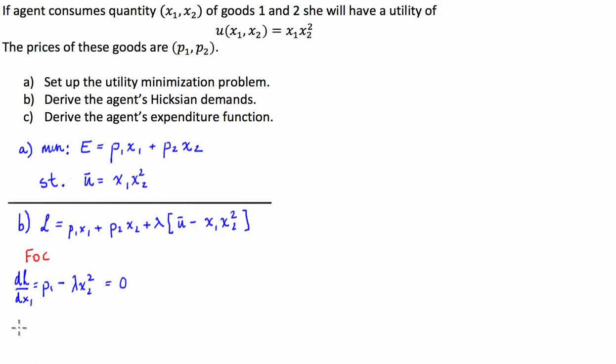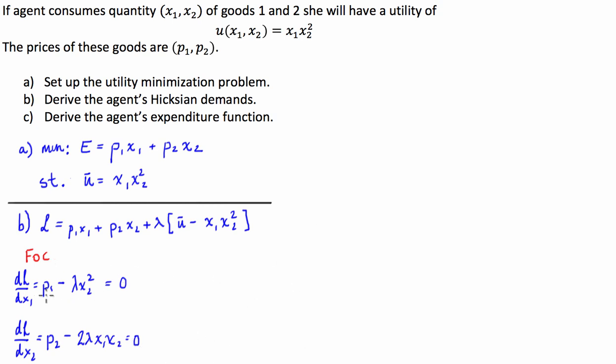We also have the derivative of the Lagrangian with respect to x2, which, like x1, you start with your P2 minus, and in this case, because we're differentiating with respect to x2, the 2 is just a constant, that'll come down. We have 2 lambda x1 x2, and that's equal to 0.